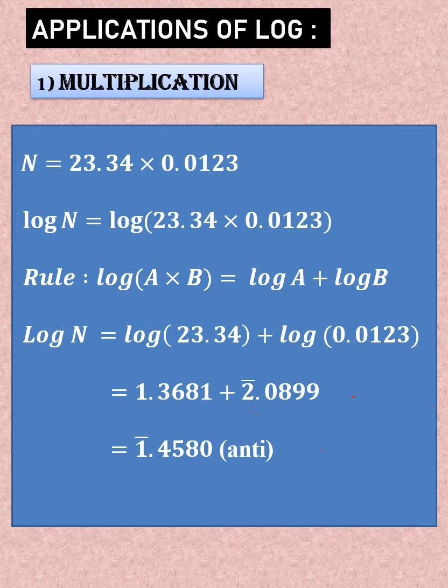Remember what I say, the value of bar 2.0899 is not equal to minus 2.0899. Here only the characteristic is negative and the mantissa is positive. And when the minus sign is at the front of the number, the whole number becomes negative. This is the difference.